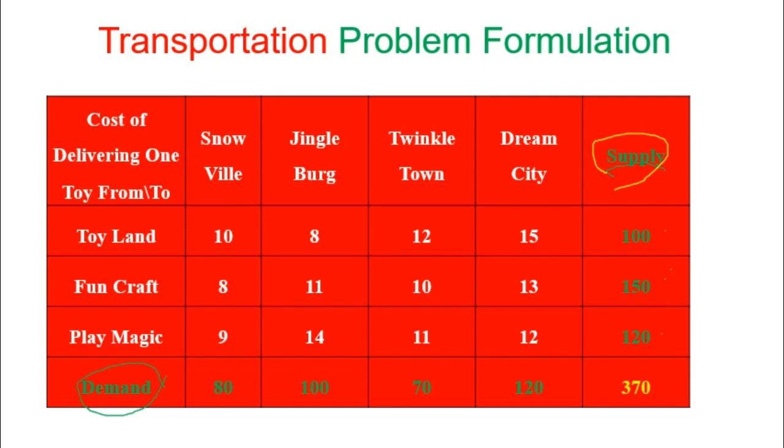In the demand also you calculate the values: 80 plus 100 plus 70 plus 120, that amounts to 370 as well. So that means it's a balanced transportation problem, that is, the demand that has been given to you is equal to your supply. This is called a balanced transportation problem.